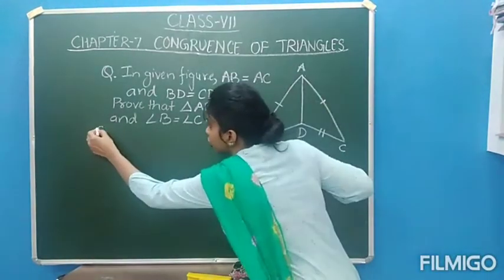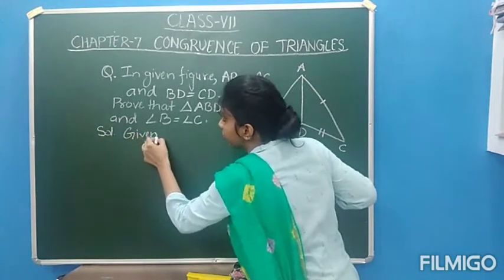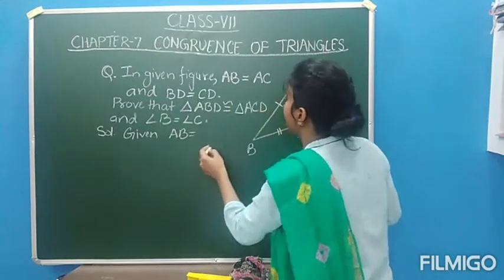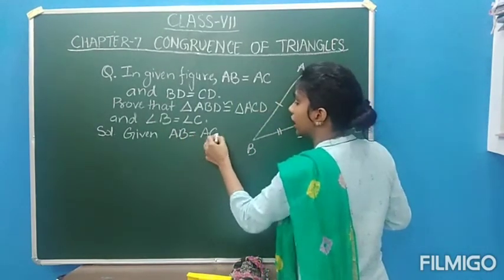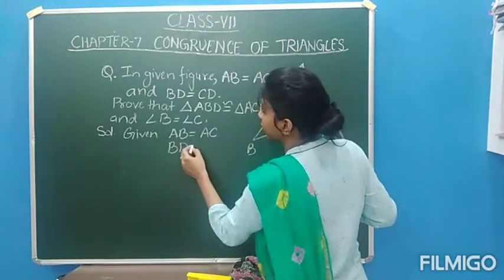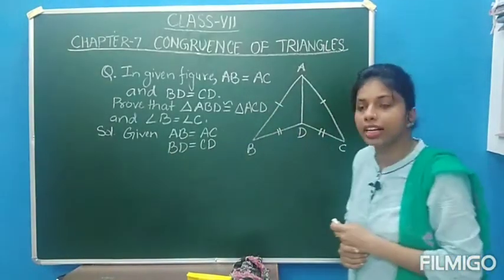First we are going to write what is given. Given that side AB is equal to AC and BD is equal to CD. These two things are given.